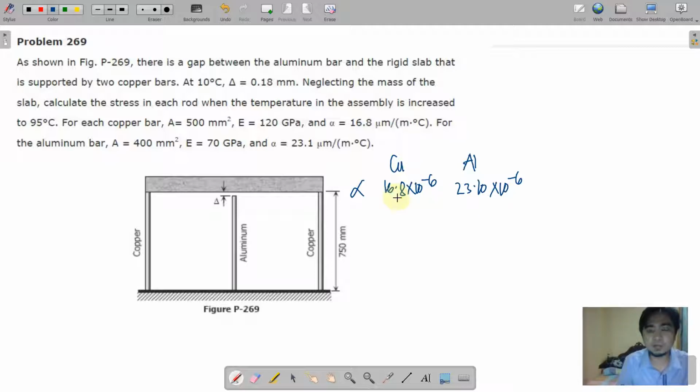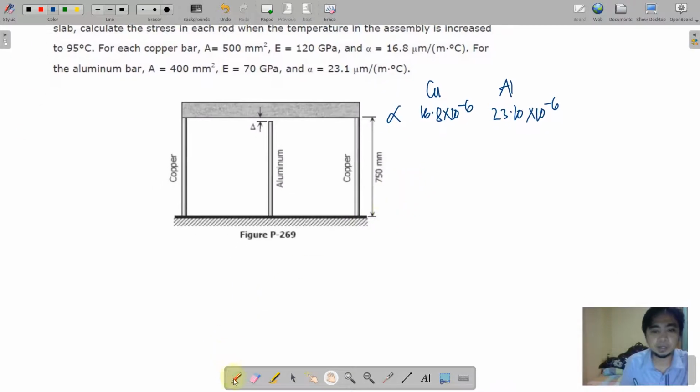If there is a temperature drop, it will also have a greater length to contract versus the copper, because 23.1 times 10 to the negative 6 is greater than 16.8. Knowing that, we can verify it by computing our deformation due to temperature.